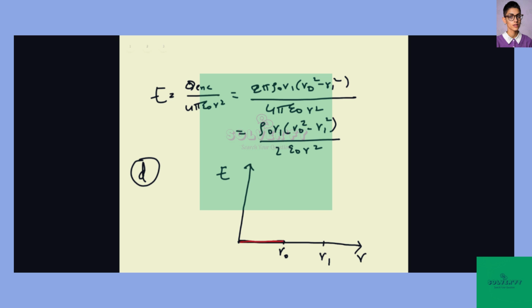That is good enough. And the graph then goes up, because the field here is of the form 1 minus 1 by r square. And once it hits r0 again, it falls off as 1 by r square. So your shape should be something like this. And that's it.